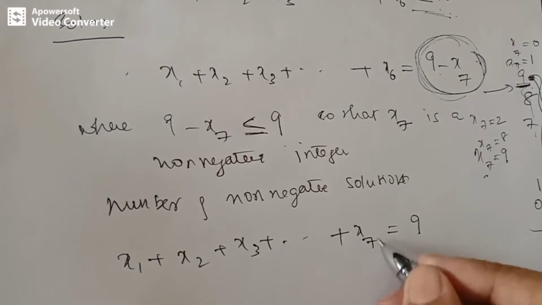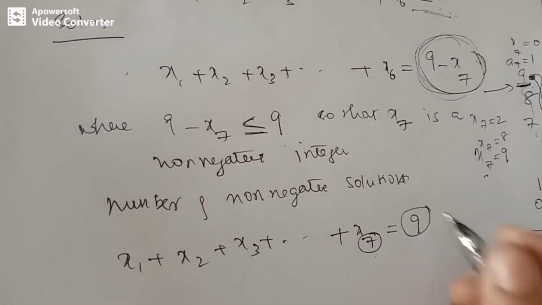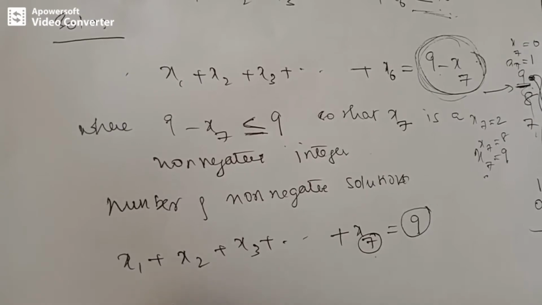So now let's see that we can find out that this is the value of n, this is the value of r. So let's write here n is equal to 7 and r is 9.